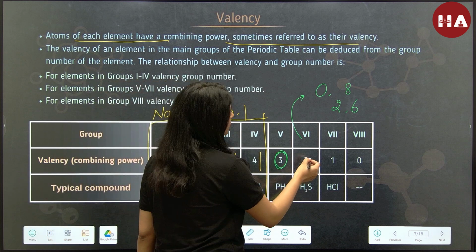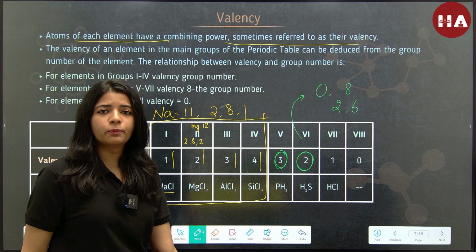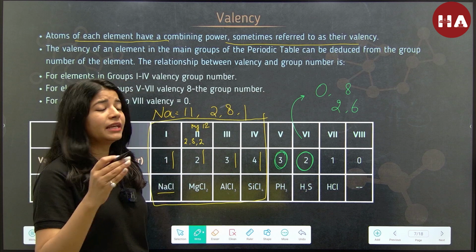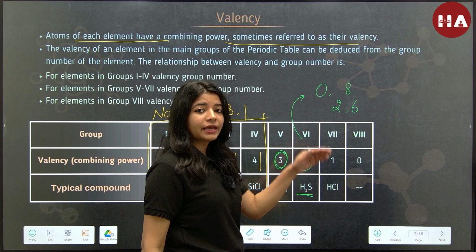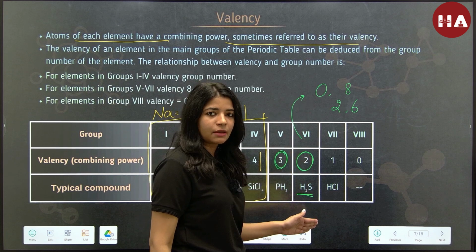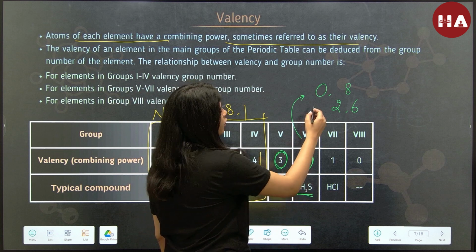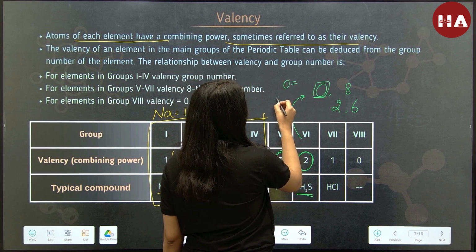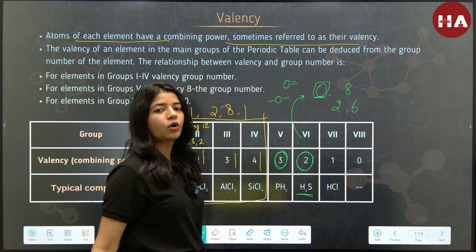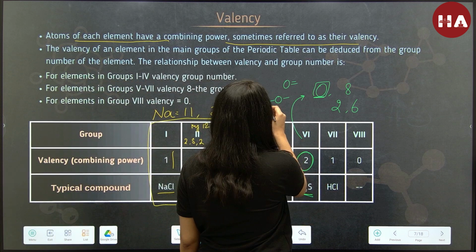Hence, I can say that the valency will be 2. Every element present in group 6 will be having valency 2. Got it? For example, H2S, sulfur also lies below oxygen, in the same group. Hence, it will combine with 2 other atoms. Oxygen can also have bonds like this. It can bond with 2 other atoms, right? Like H2O.